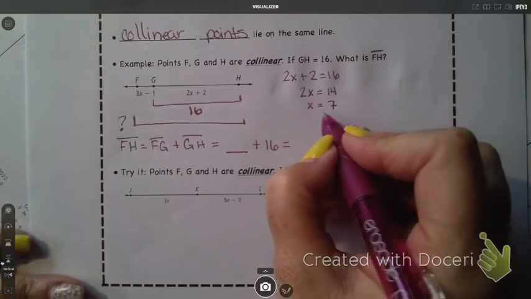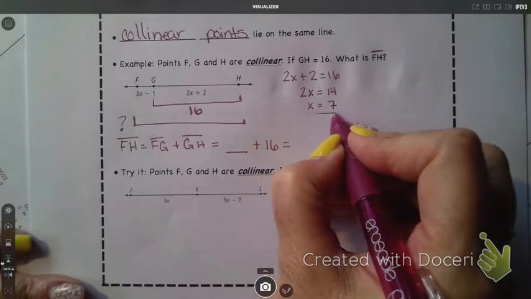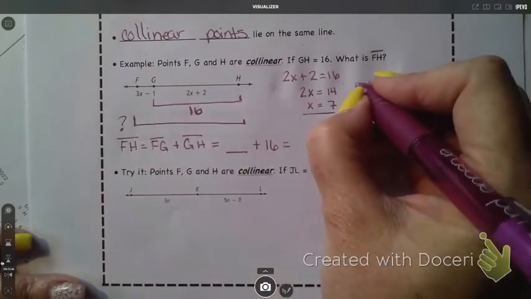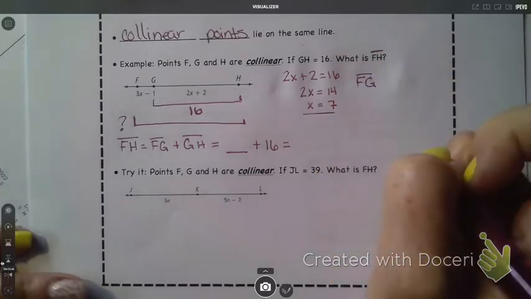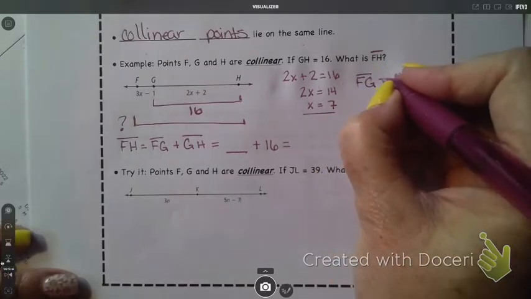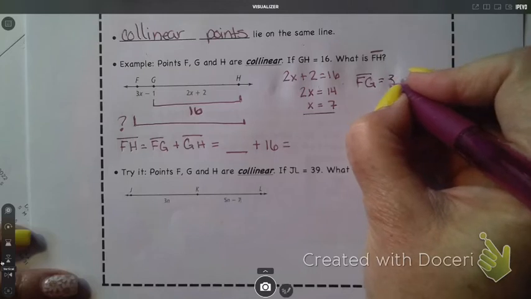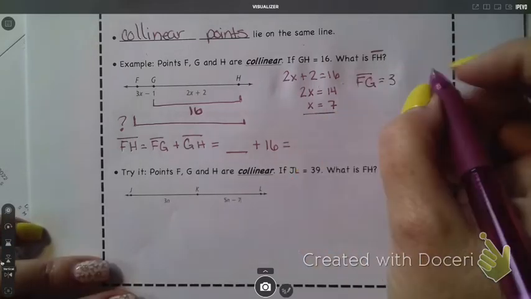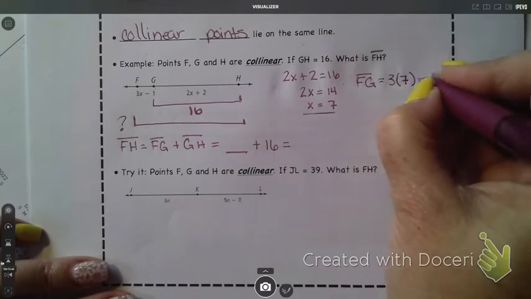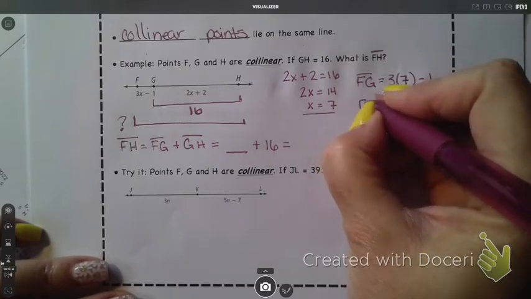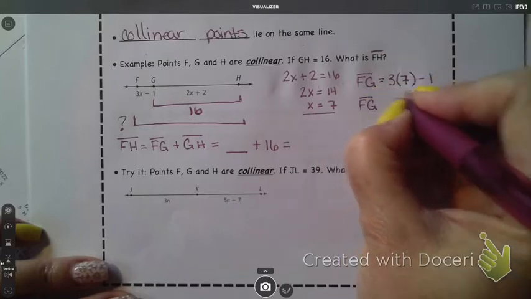So what am I going to do with this x now? Plug it in there. I'm going to plug it in here. So FG, do you see also how I'm labeling all my work? So when Mrs. Mick reads my work, she's not straining her brain. So 3 times 7 minus 1. So FG equals 21 minus 1, so 20.